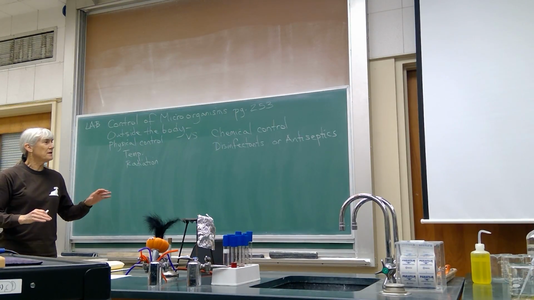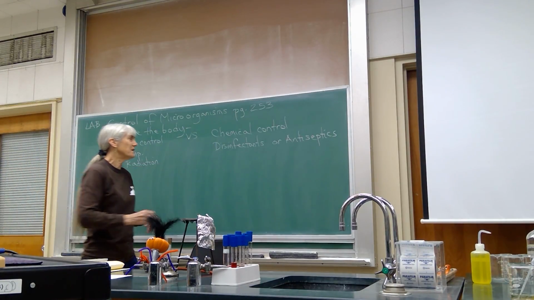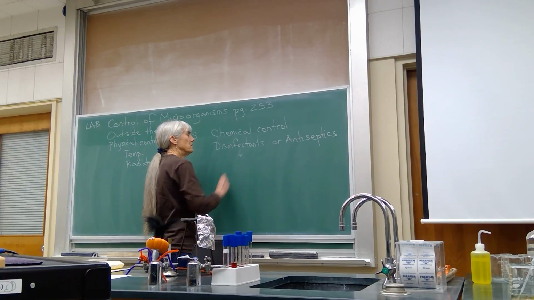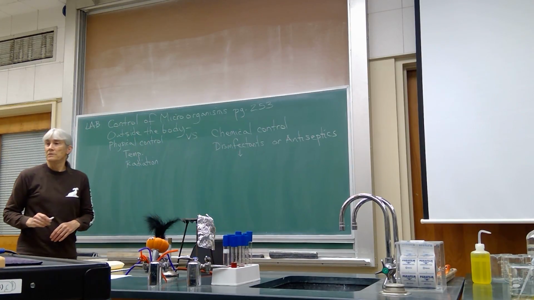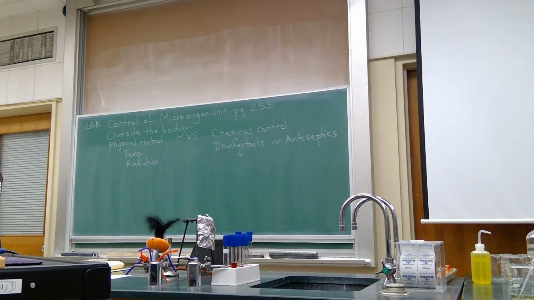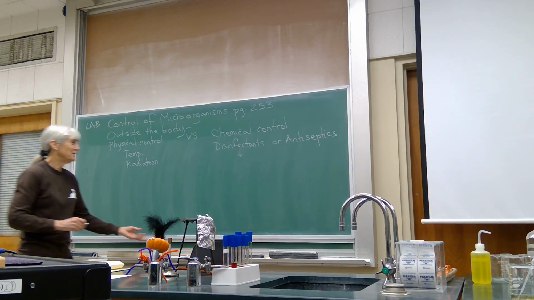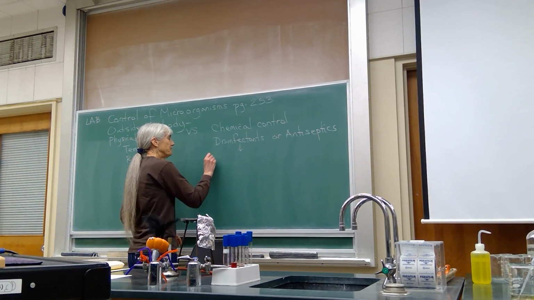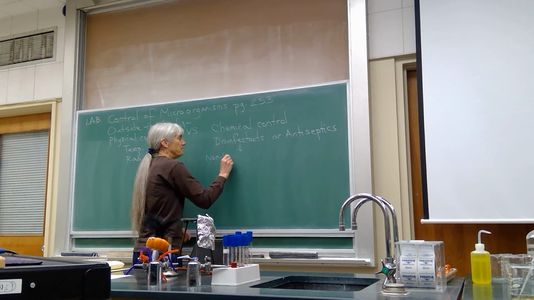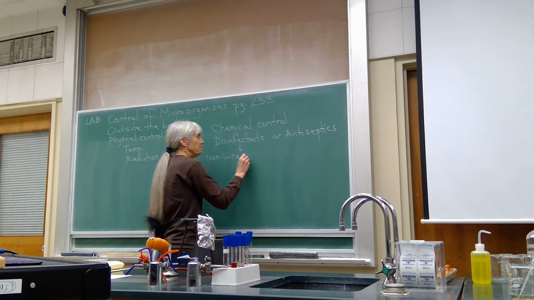We're outside the body, but if you're using a disinfectant, what kind of surface are you putting it on? You've got a bottle of it right in front of you. What do you do with it? Disinfect. You put it on the bench. Is the bench alive? No. Not so much. Disinfectants go on non-living surfaces.